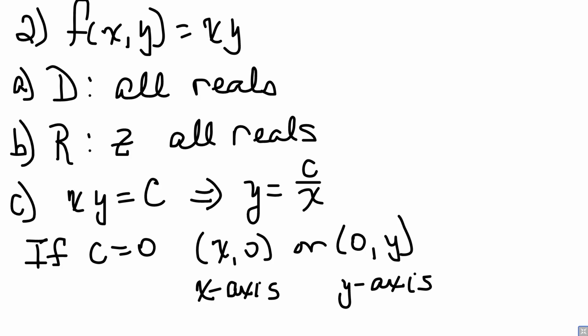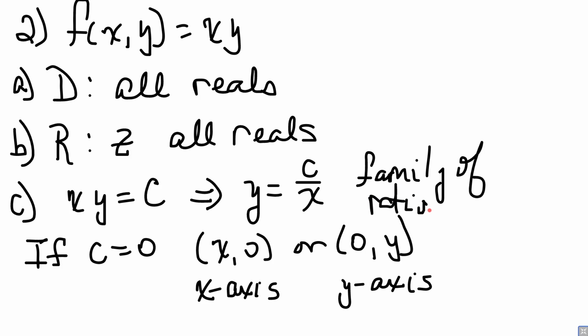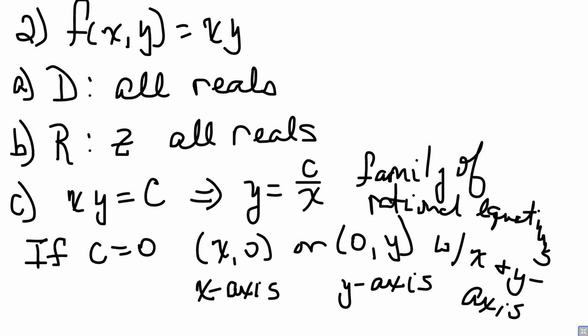Okay, now if c is anything else other than 0, now in the problem, the solution says it's hyperbolas, but if you say that it's a family of rational equations with the x and y axis as asymptotes, that would be saying the exact same thing.